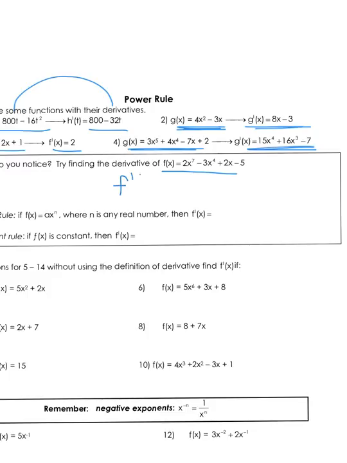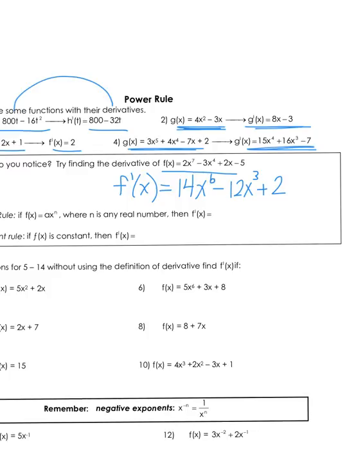The derivative for this one is 14x to the 6th minus 12x cubed plus 2.